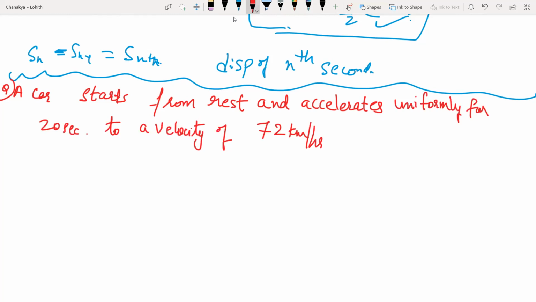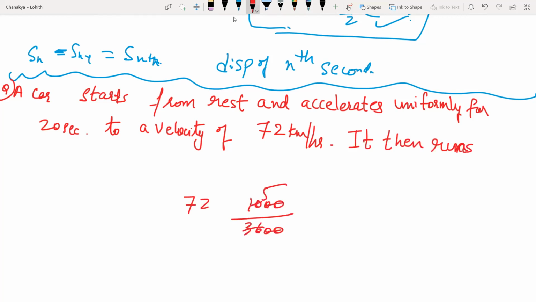Conversion: multiply by 5 by 18. See, this way, if you get confused with your answer, just try it. 72,000 divided by 3,600, so it's 5 by 18.